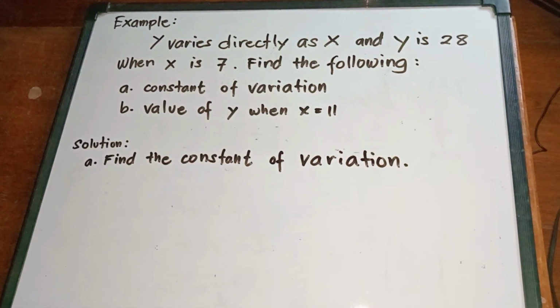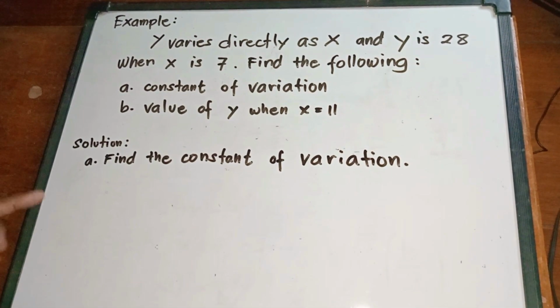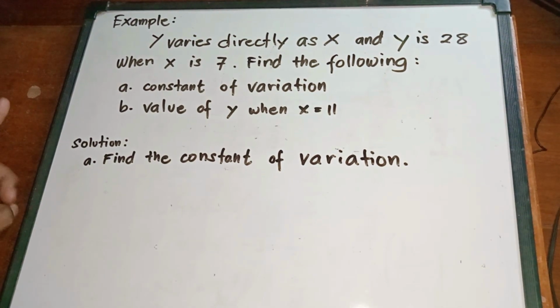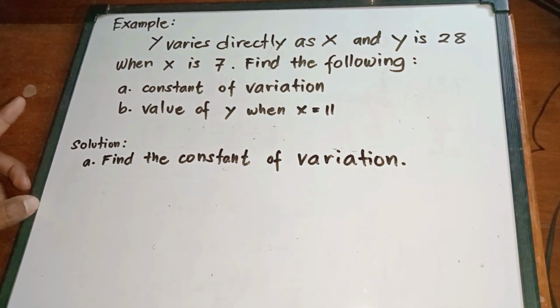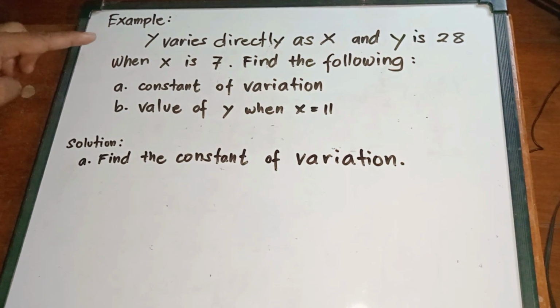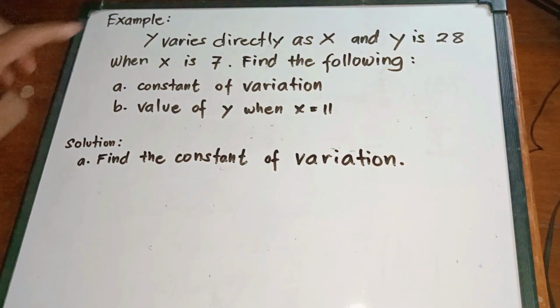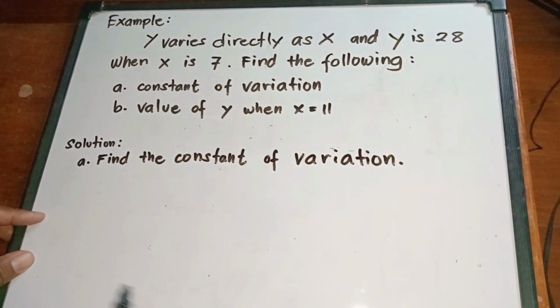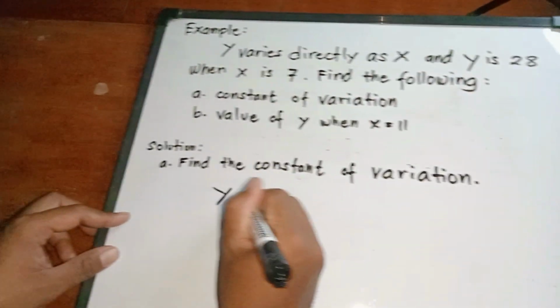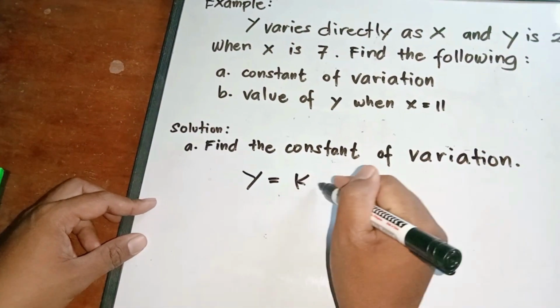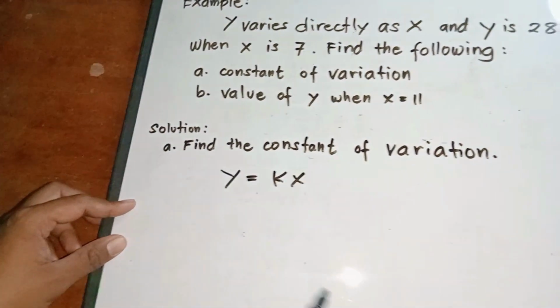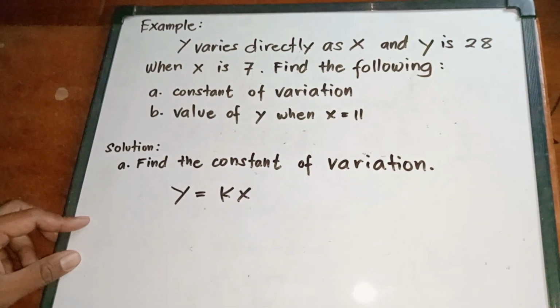Okay, so solution. So we're going to find the constant of variation. So in letter A na required, so hanapin natin. So balik tayo dun sa may given example. So sabi dito, y varies directly as x. So paano natin i-write yun? So we have y equals kx, where k is the constant of variation.